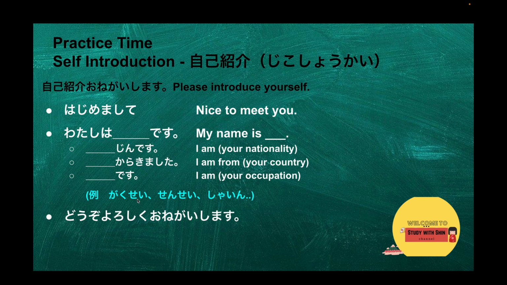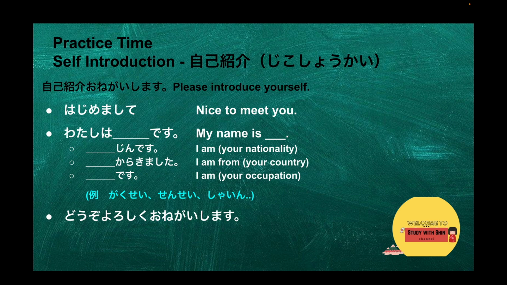And then you can simply say どうぞよろしくお願いします. This sentence, there is no direct translation in English, but it can be roughly translated to from now on, please take care of me.